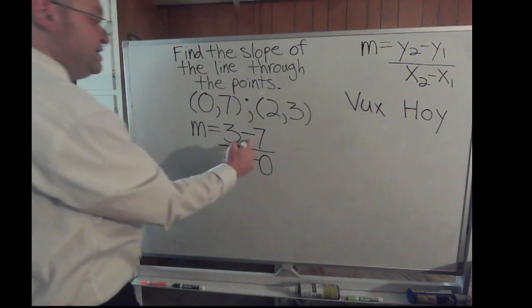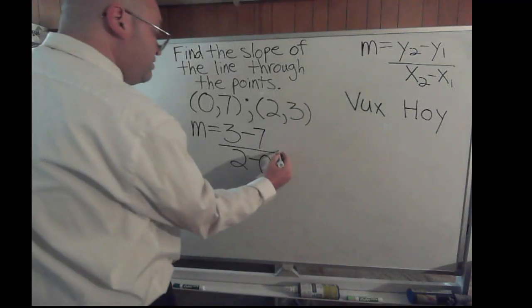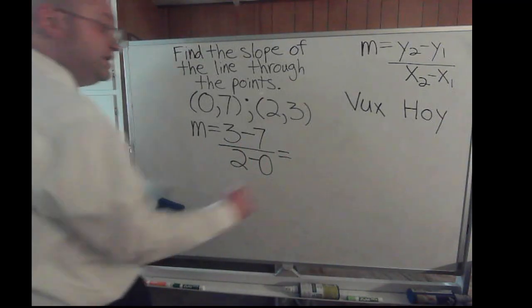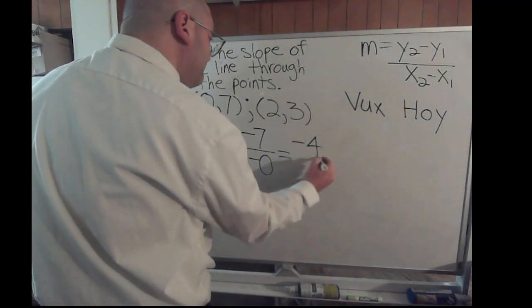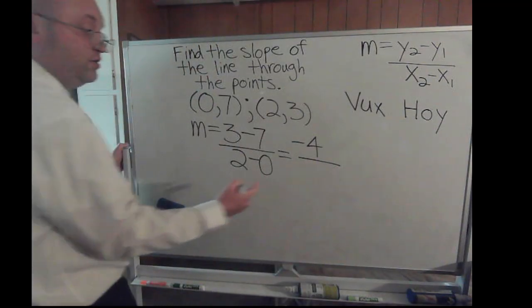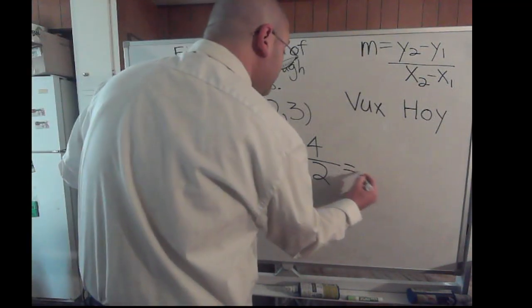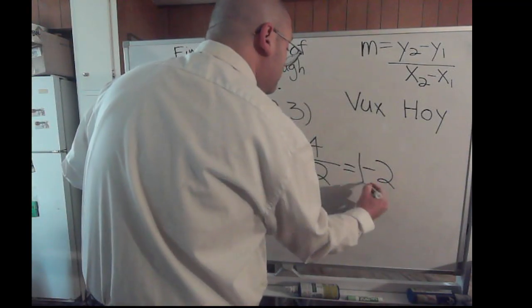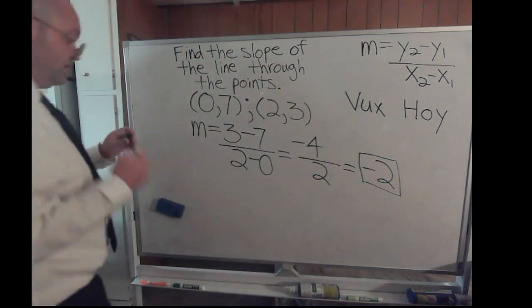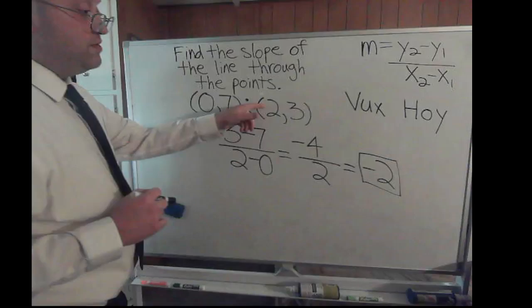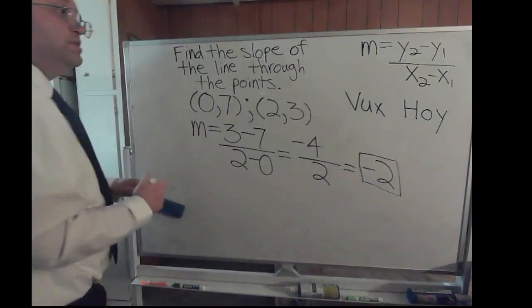So you have 3 minus 7 all over 2 minus 0. Well, 3 minus 7, that's negative 4, over 2 minus 0, that's 2. Negative 4 divided by 2, that's negative 2. So the slope of the line going through 0, 7 and 2, 3 is going to be negative 2. That would be your slope.